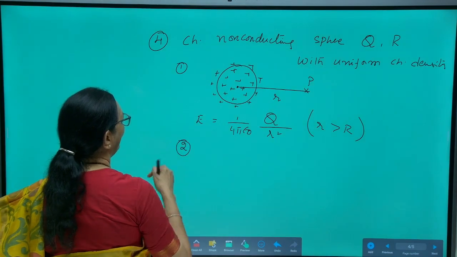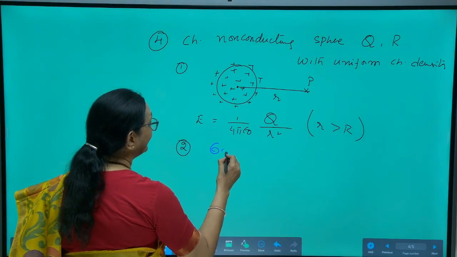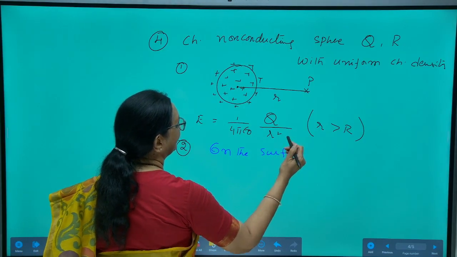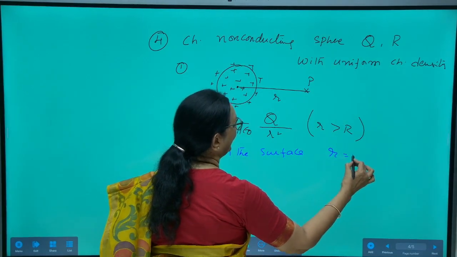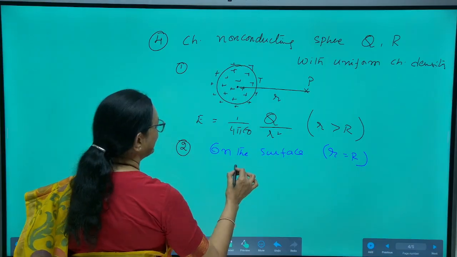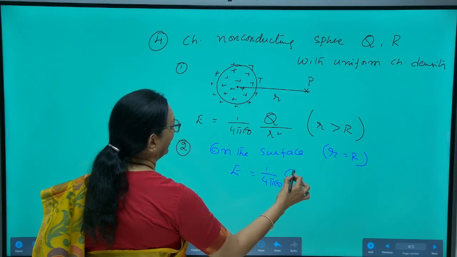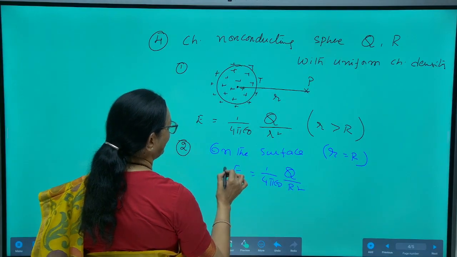Now, second point, at any point on the surface of the sphere, r is equal to capital R. From this expression, E is equal to 1 by 4 pi epsilon naught Q by R square.